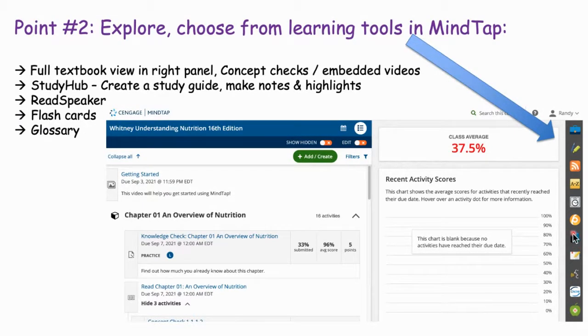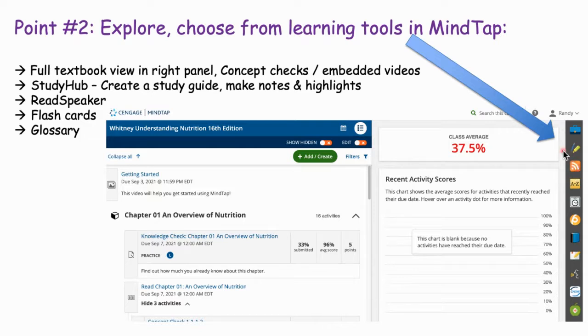This book right here opens up more of a normal e-textbook. There's a glossary. You can even have the book read to you in different dialects and speeds.